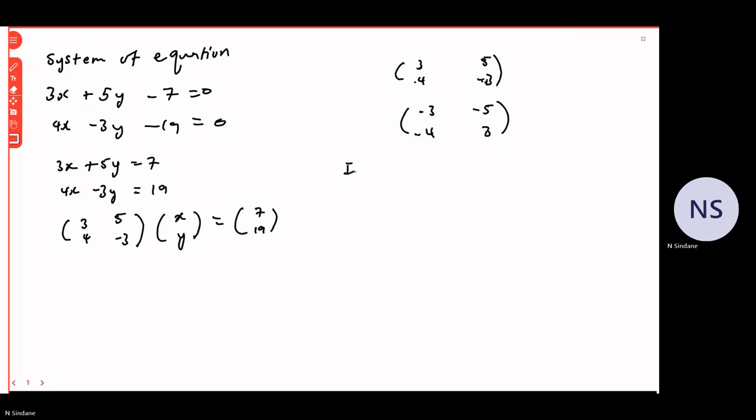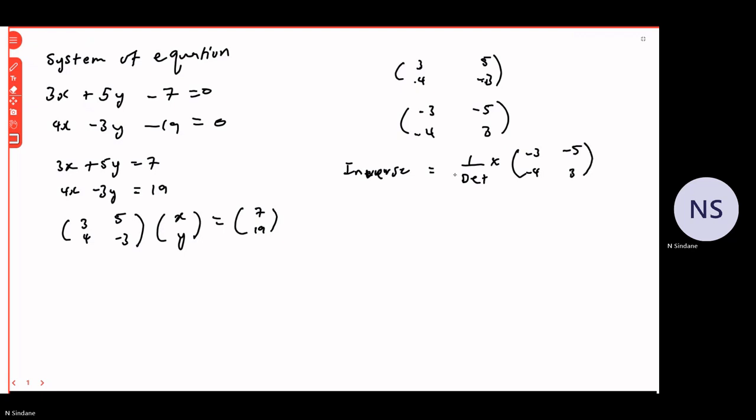My inverse will be 1 over the determinant of the original matrix multiplied by my cofactor matrix, which in this case is negative 3, negative 4, negative 5, and 3.